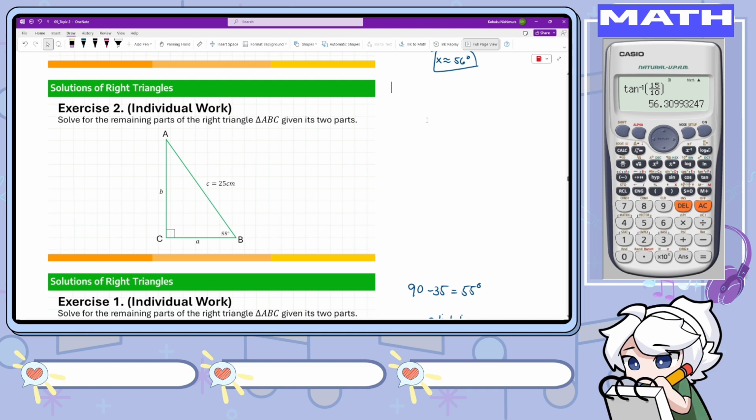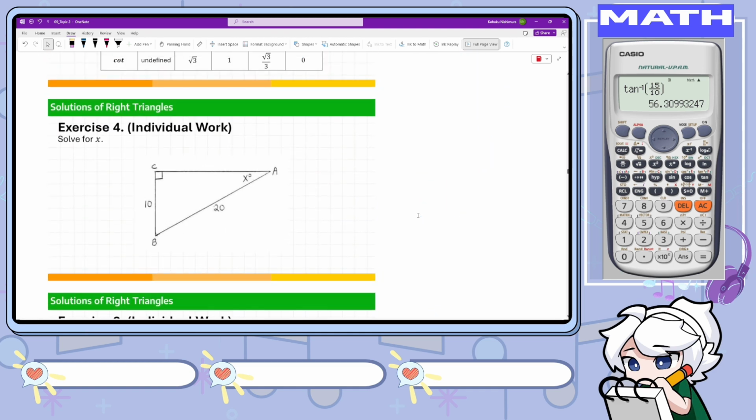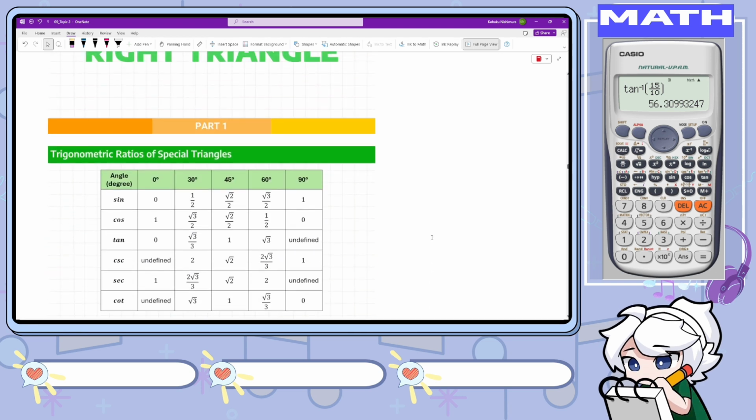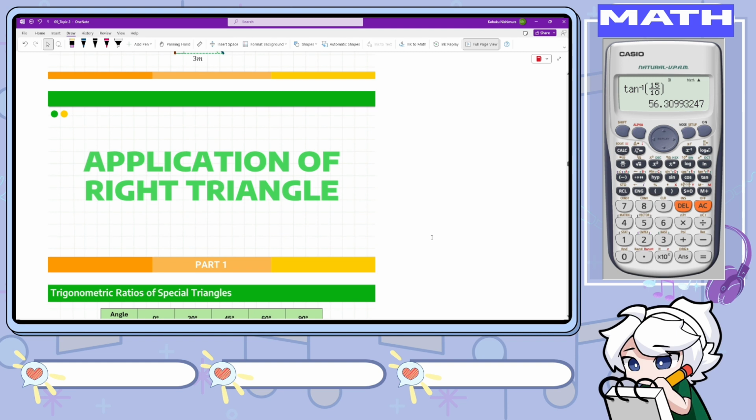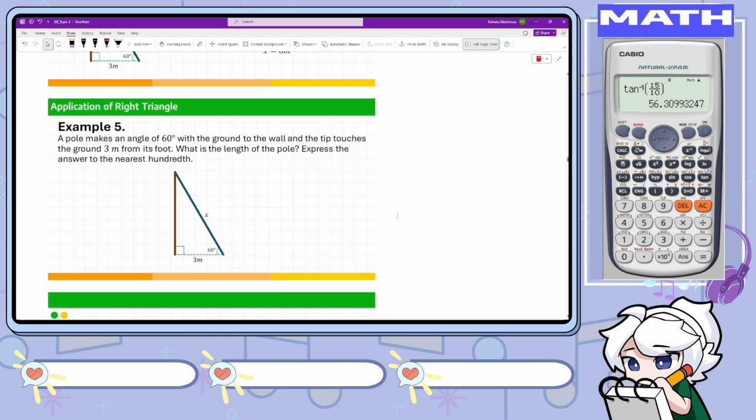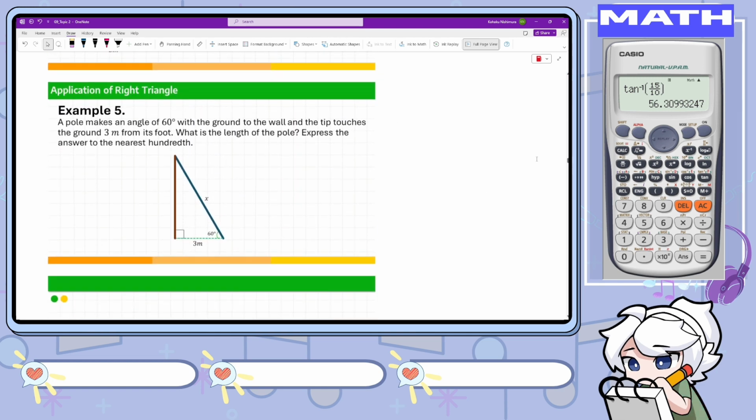But for this particular examples, we do not need to, because it's much better if you use the main three, because it's much better to remember Sokotowa, right? You just keep on saying Sokotowa, Sokotowa, Sokotowa, and you will already remember what that is. So now let's move on to the application.